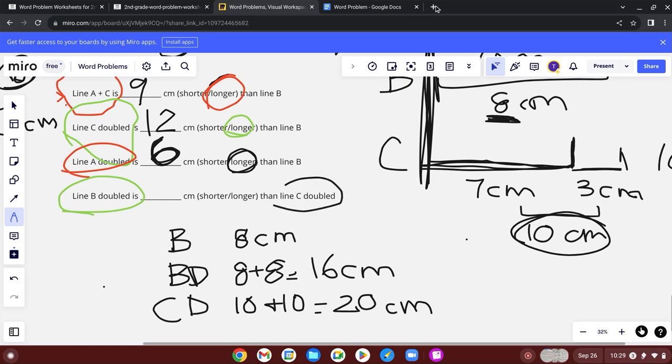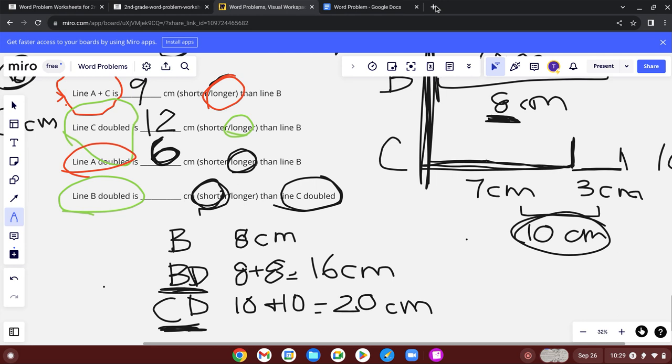So then you have to calculate this, right? So line B double and line C double. B double is shorter or longer than line C double? See, if you don't calculate it, you won't know. So shorter than line C double by how much? No, B double is 16 centimeter.